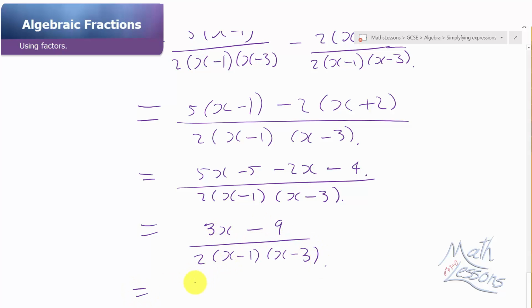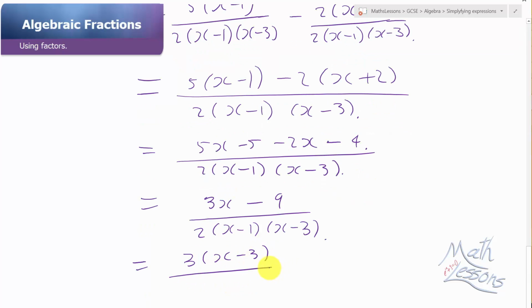And then remember, always look for factors. Factorize out everything. And what we can see is we have a common factor, x minus 3 and x minus 3. So that looks a bit like a 1. Let's just put that into a bracket. Rub that out. Put a bracket.